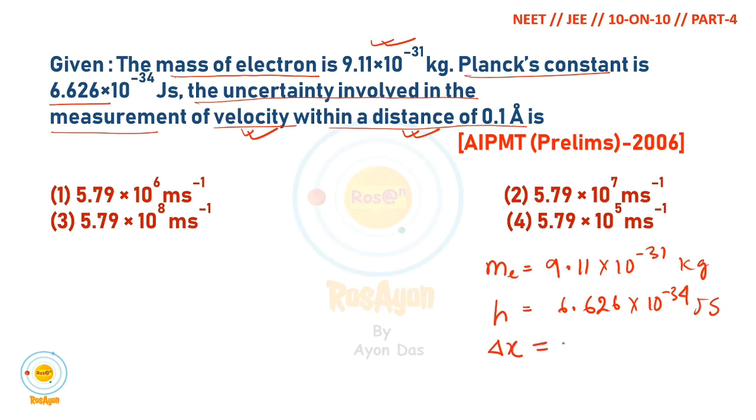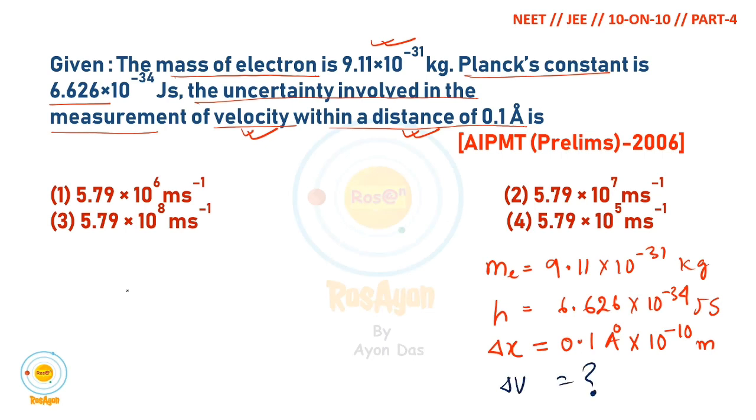Here del x is 0.1 angstrom; if you convert it into meters, multiply with 10 to the power minus 10 meter. You have to determine the uncertainty in velocity, that means del v.